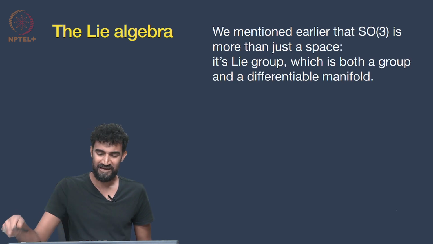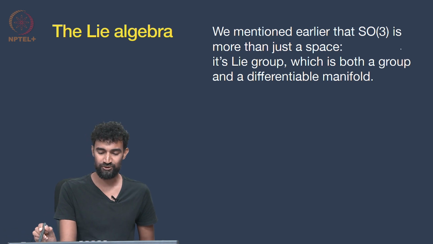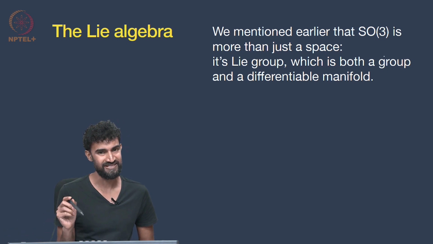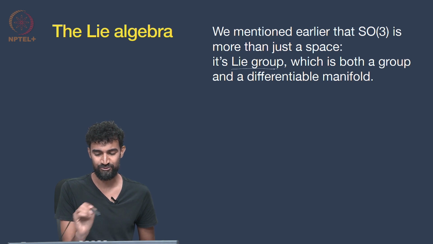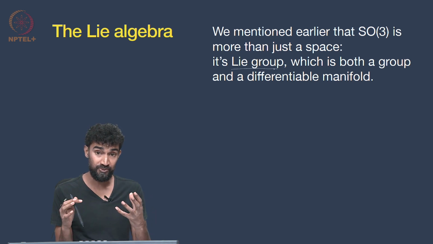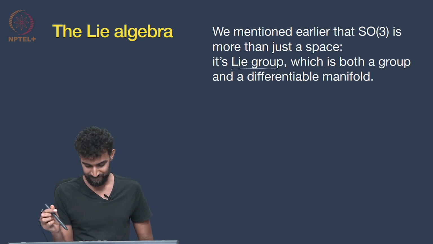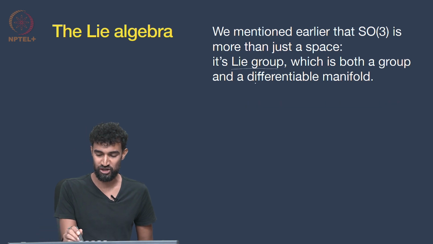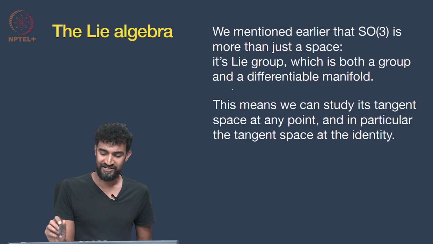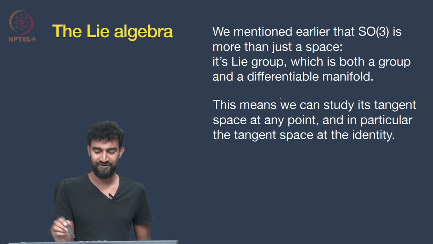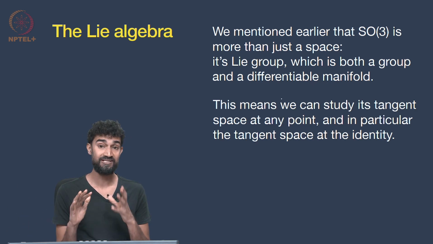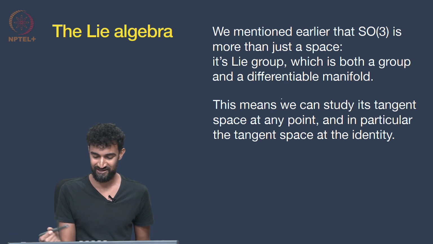So we mentioned earlier that SO3 is more than just a space. It's something called a Lie group, which is both a group and a differentiable manifold. So it has both a geometric structure and an algebraic structure. And this means that, because it's differentiable, we can actually study its tangent space at any point.